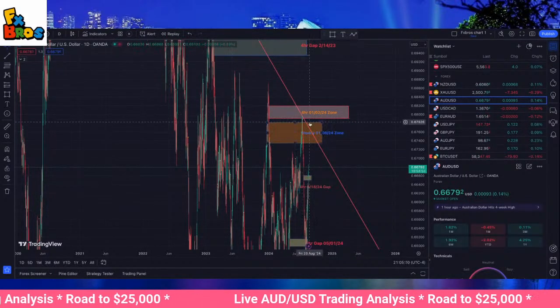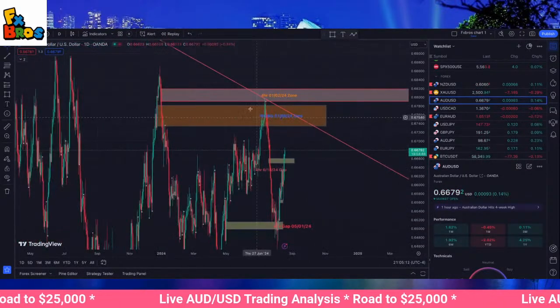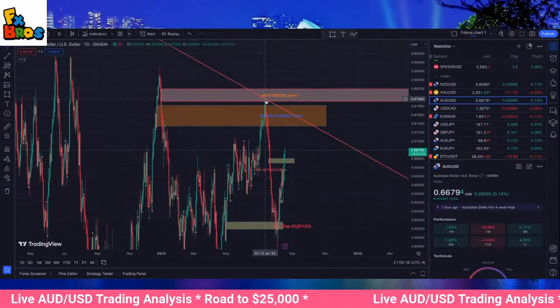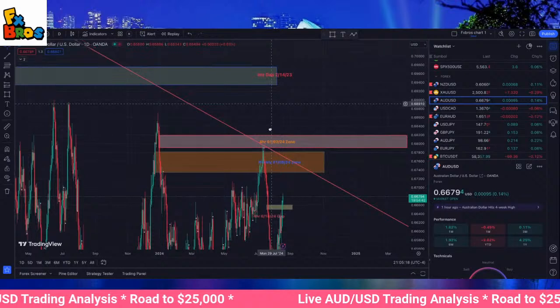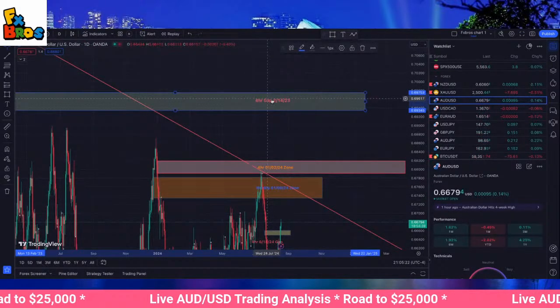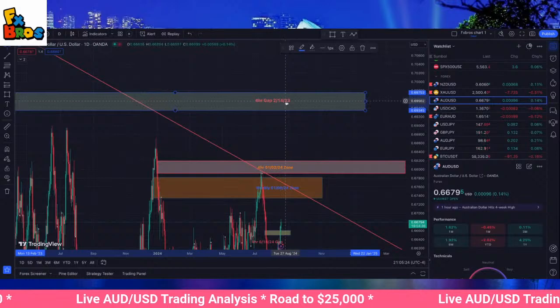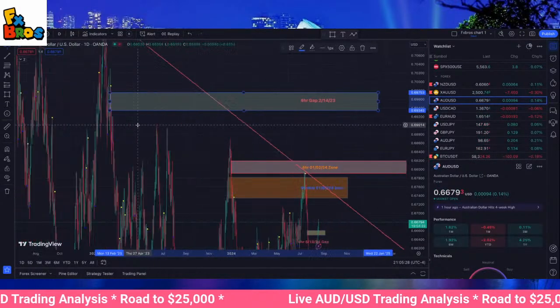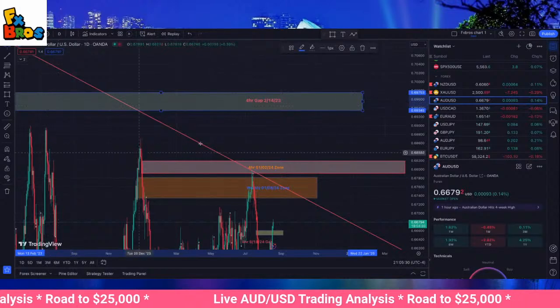We tapped into this area right here on that high of July 11th into the 12th. Tapped into that high, but we still have another area up here from 2023 last year on November 14th. Still hasn't been tapped into since we left that area.